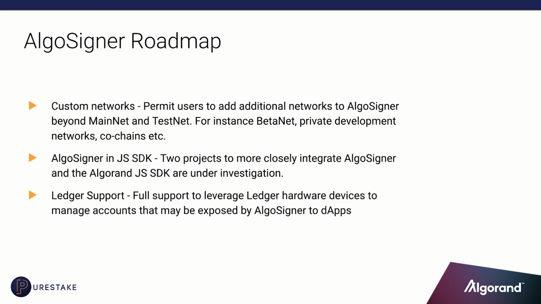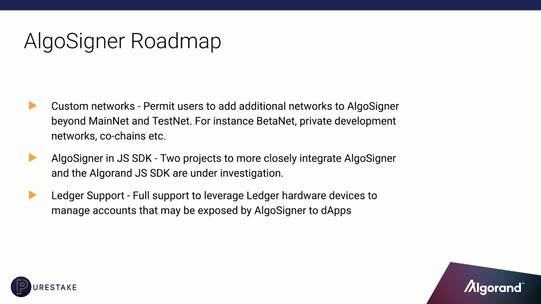And we have two different efforts around the JS SDK. To give you a little perspective, the JS SDK v2 did not exist when this project kicked off and did not come into place until June or July last summer, right before the first AlgoSigner release. Now that the JS SDK v2 has been around for a while, we're looking at some different ways to more closely integrate the two projects so that it's more seamless.